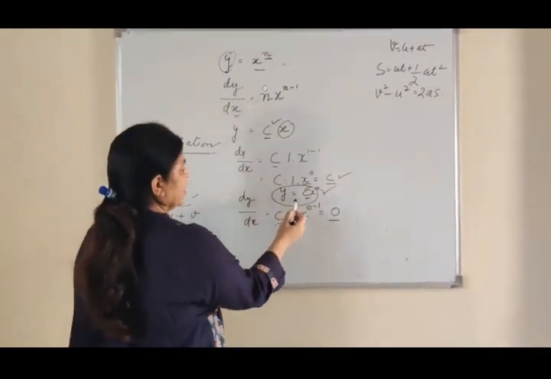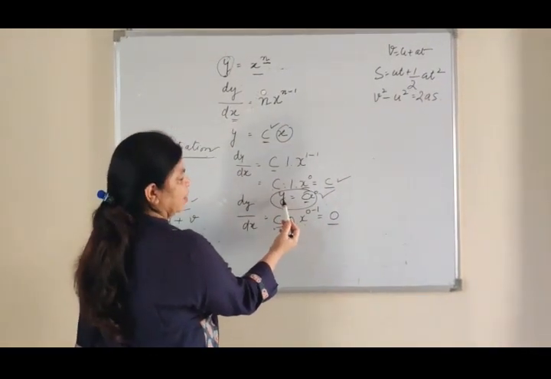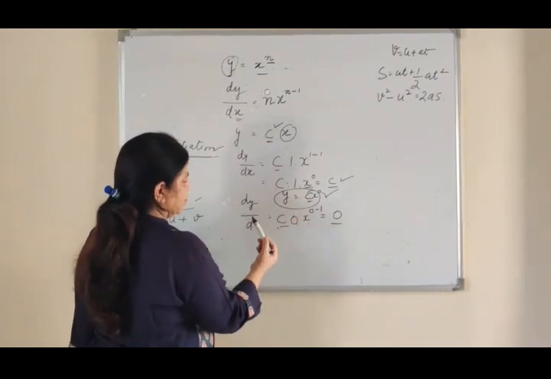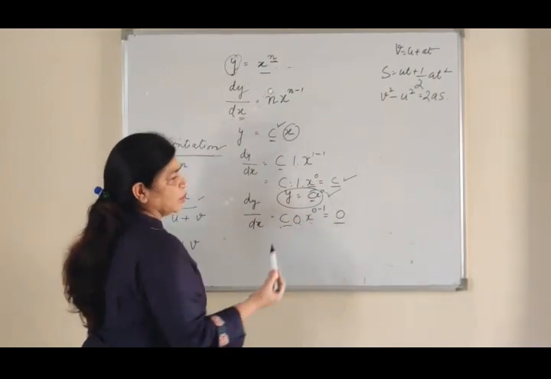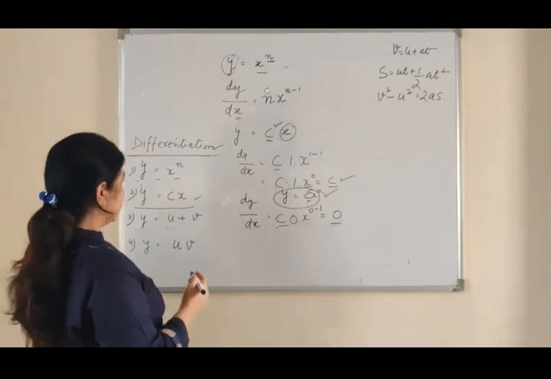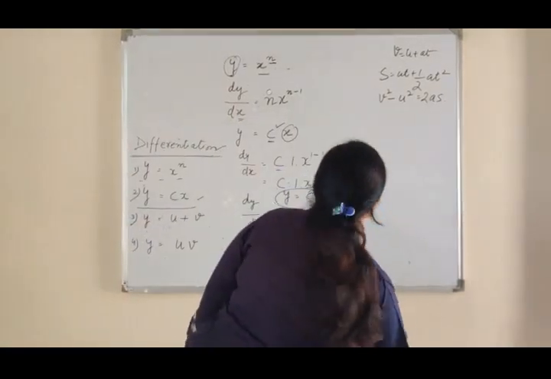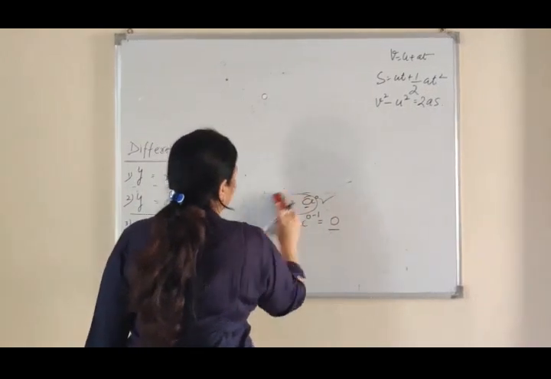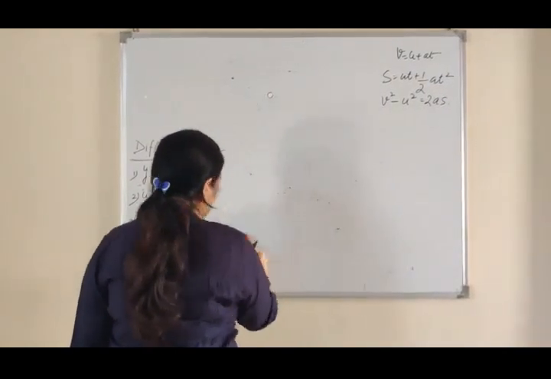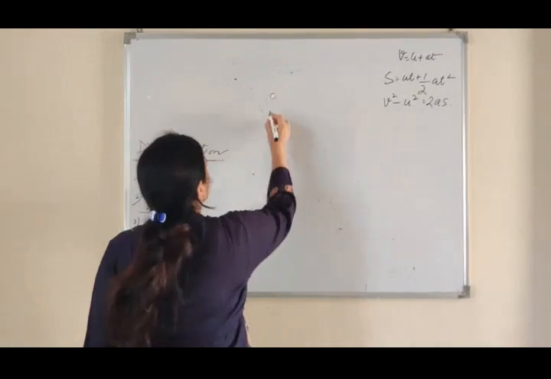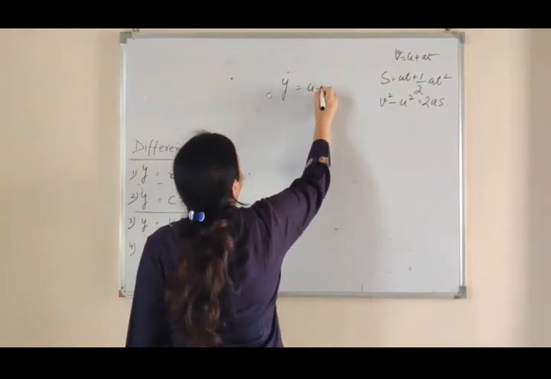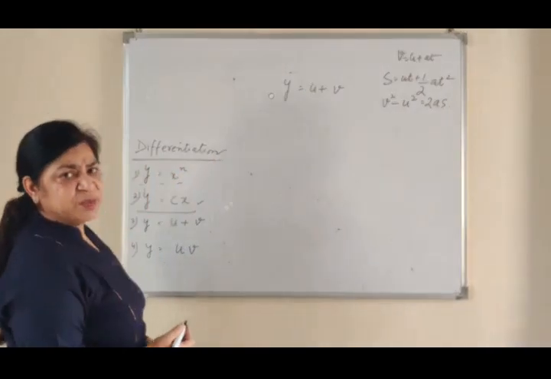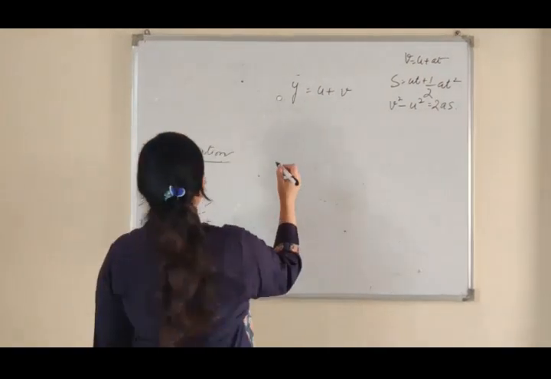So from here we can show that if you are having y is equal to some constant term, then its differentiation will be equal to 0 always. After that I have y is equal to u plus v. If you are having the two terms u and v such that they are to be differentiated with respect to x, then what we will do?